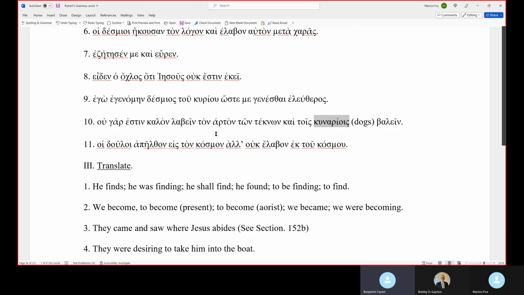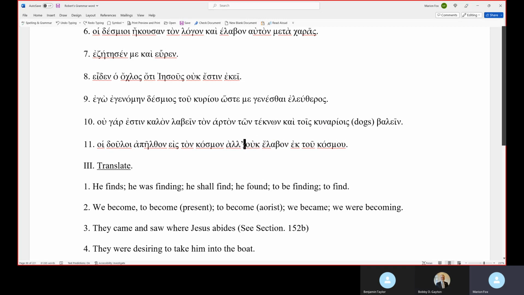And then number 11, I said the servants went away into the world, but they did not receive out of the world. Yes, it did not take. The servants went away into the world, but now Allah, and it has an off at the end, and they put an apostrophe there because you got a diphthong following it, and the movable nu won't work there, it'd make it a different word.